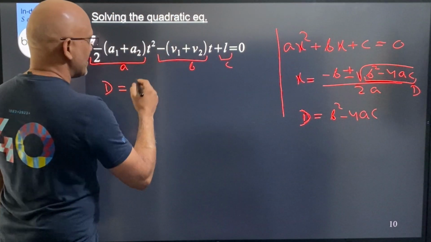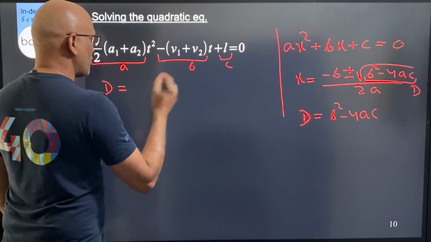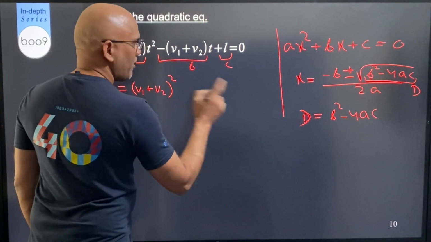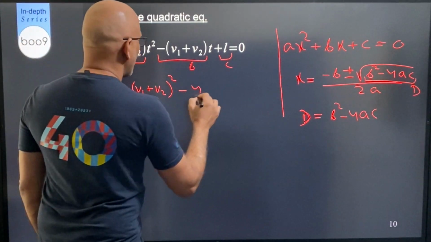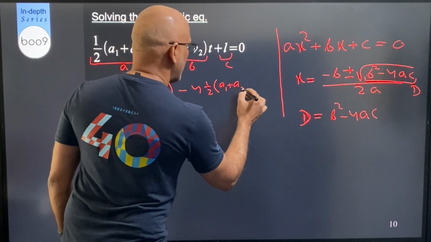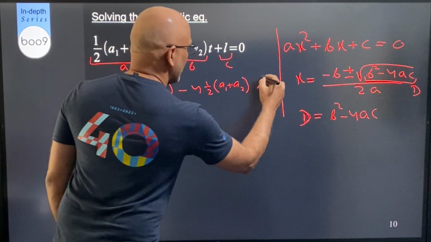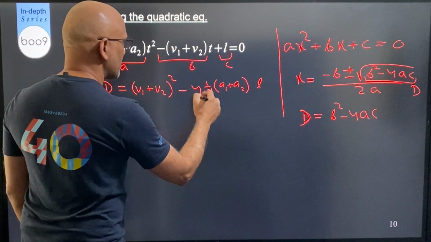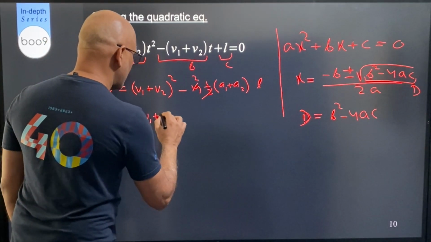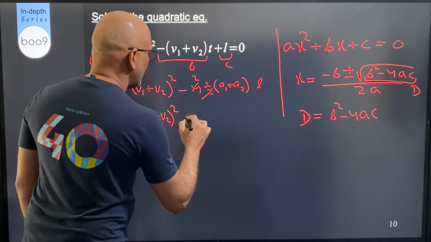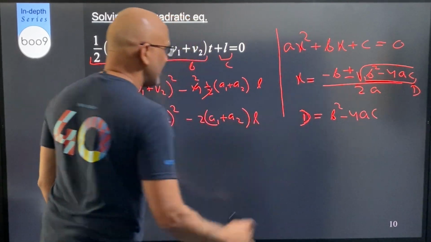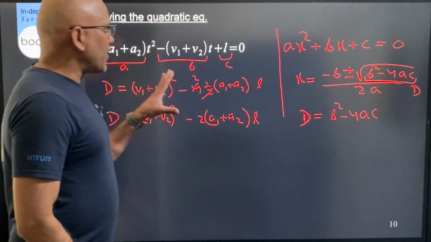So d is equal to b square, the negative square is going to be positive, so that's fine. v1 plus v2 square minus 4ac. 4a is going to be half a1 plus a2, and then c is going to be L, right? So this becomes 2, so this gives me d is equal to v1 plus v2 square minus 2 a1 plus a2 L.